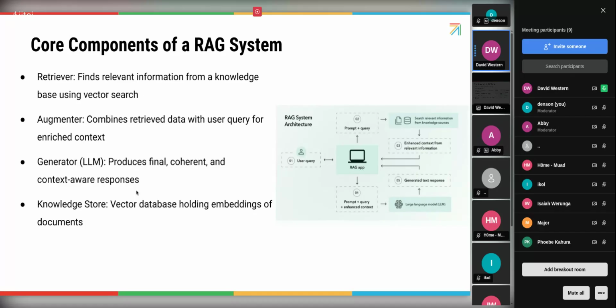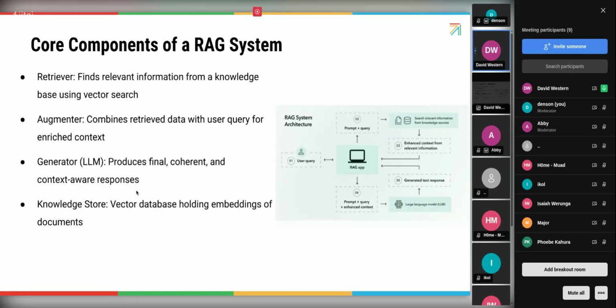Then, whatever documents you retrieve, the augmenter combines the retrieved data with the user query. The user query provides the context. Take context as the environment within which we want this information to be conveyed.